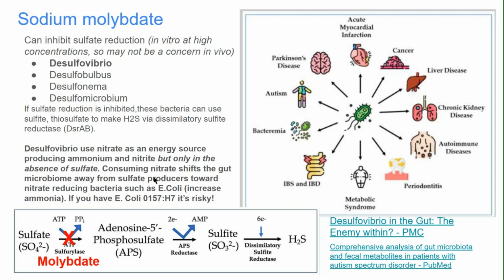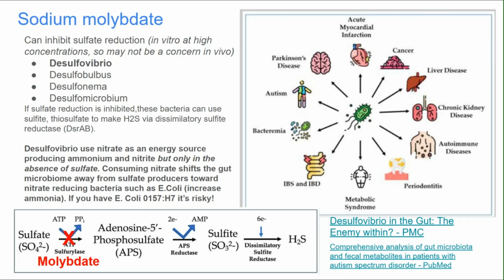So consuming nitrate will actually shift the gut microbiome away from sulfate producers towards nitrate reducing bacteria also, such as E. coli. So this would be where, if you're struggling a whole lot, you might get a GI map, so you can decide what would be the best thing for you to consume from a dietary standpoint.